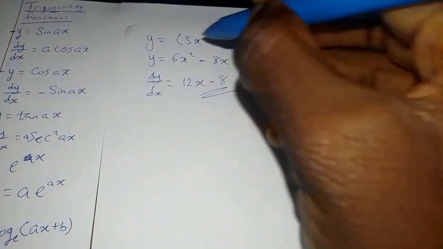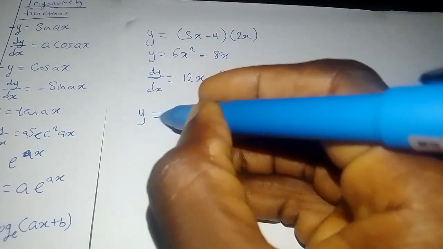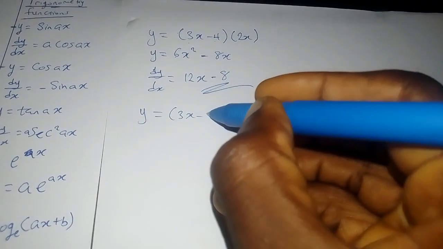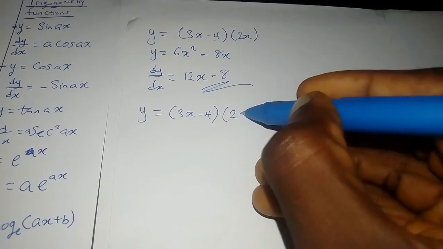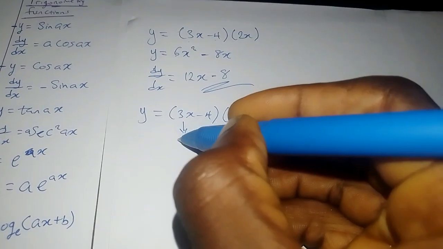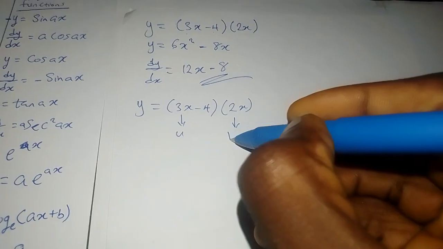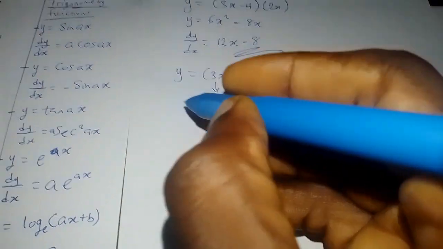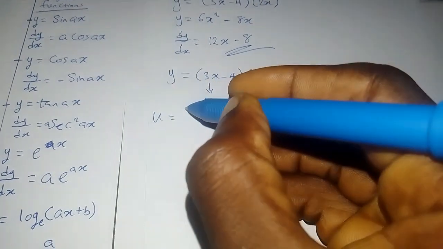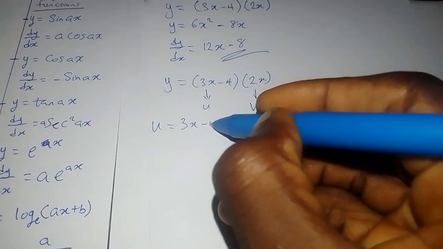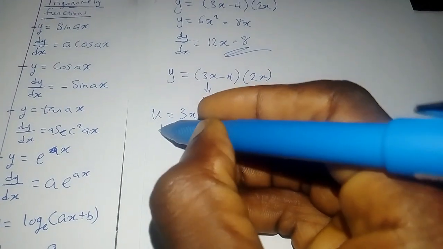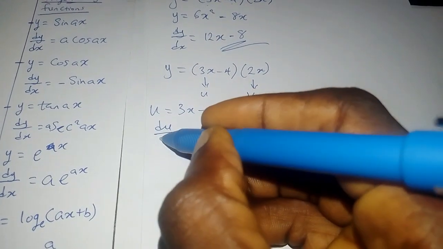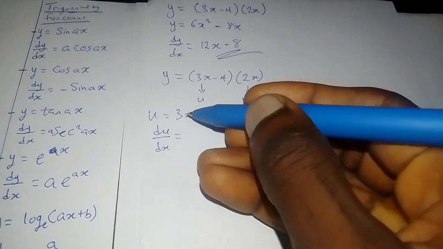But if I want to apply product rule, I say y equals 3x minus 4 multiplied by 2x. Take this to be u and this to be v. Since u equals 3x minus 4, du dx means I'm differentiating u with respect to x.